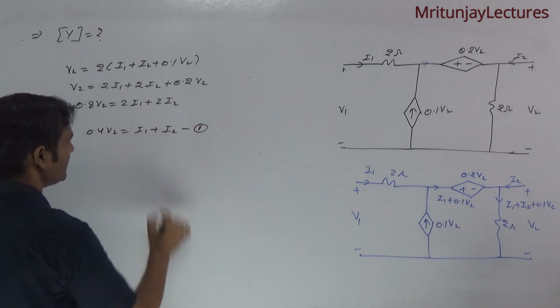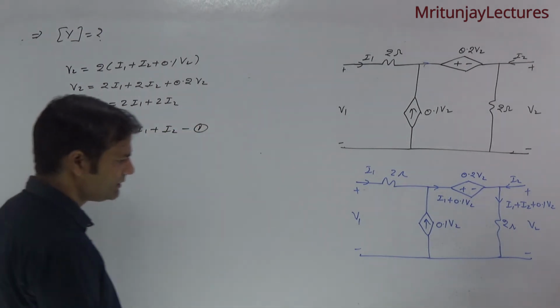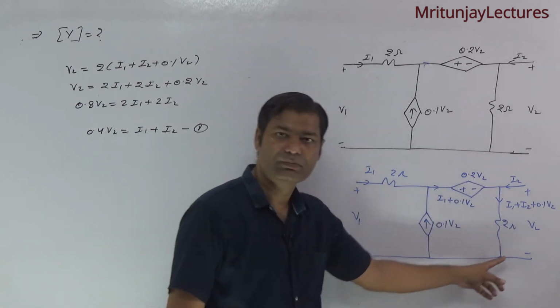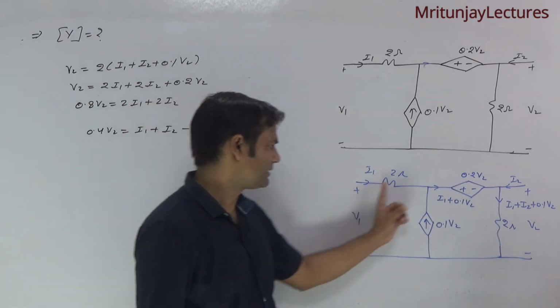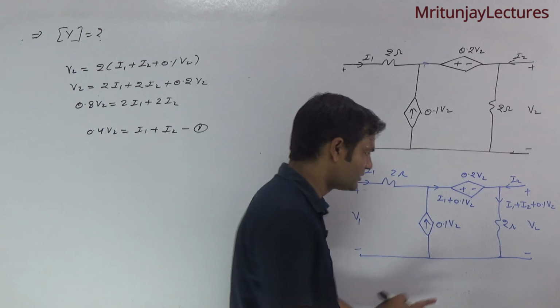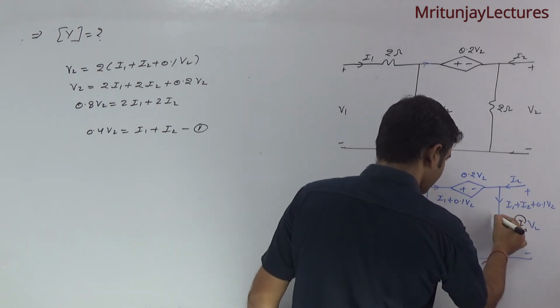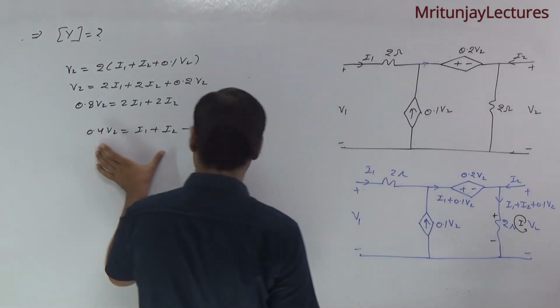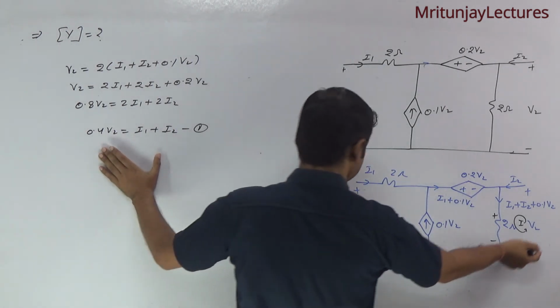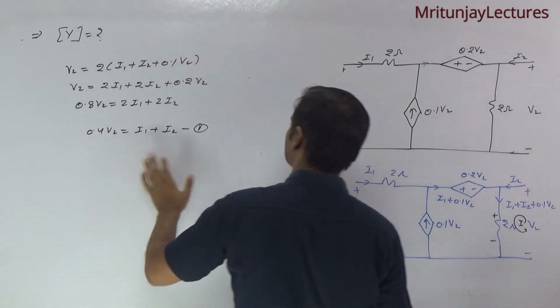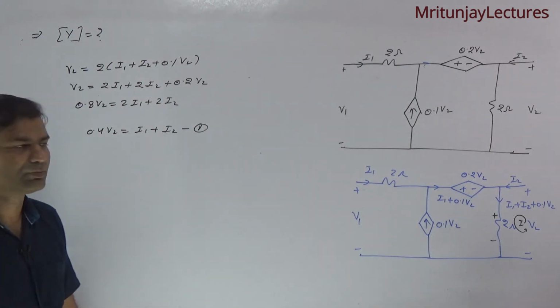That is equation number 1. Now apply KVL in this loop. First corresponding to this one, plus minus. So we got like this one. Okay, V2 is equal to 2 into I1 plus I2 into 0.1 V2.